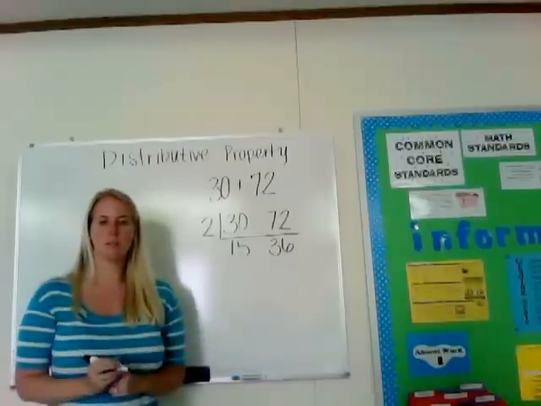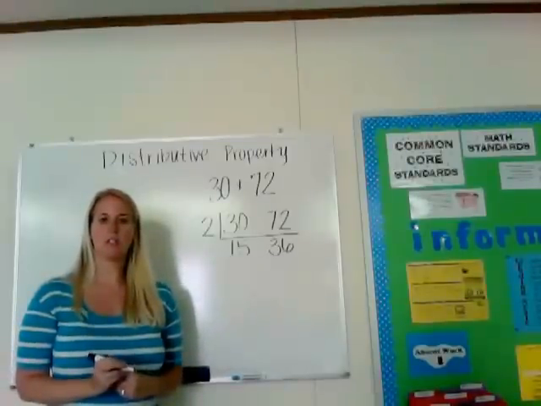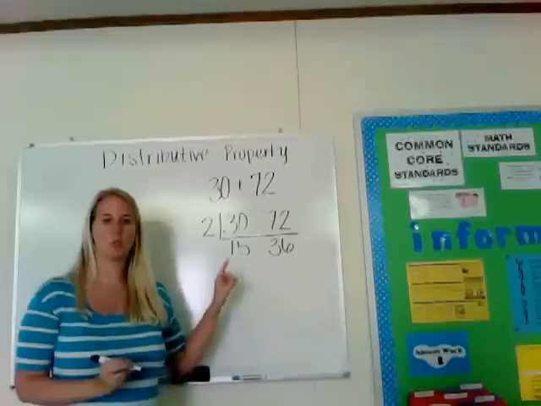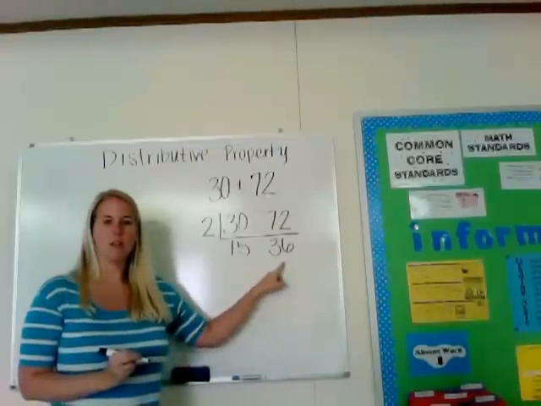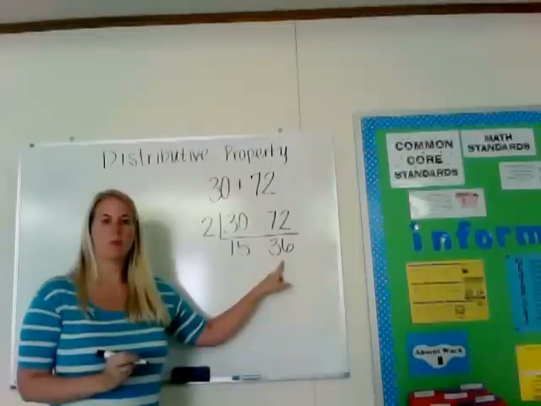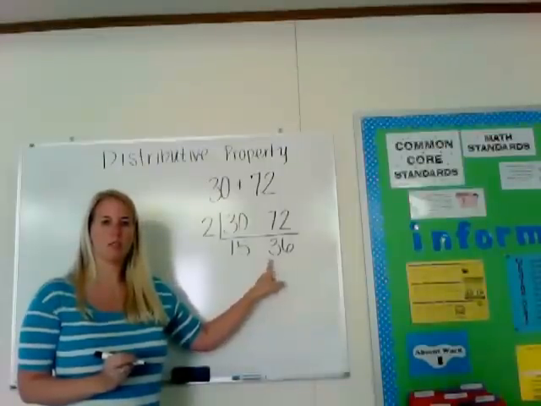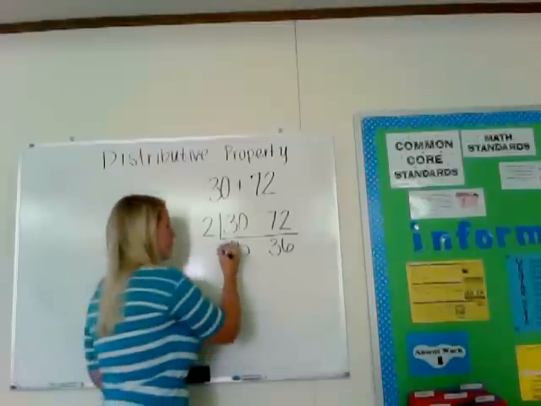I then have to ask myself the same question. Is there a prime number that can go into both 15 and 36? Yes, the prime number 3 can go into both 36 and 15.